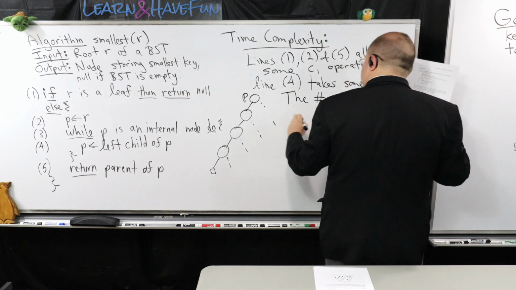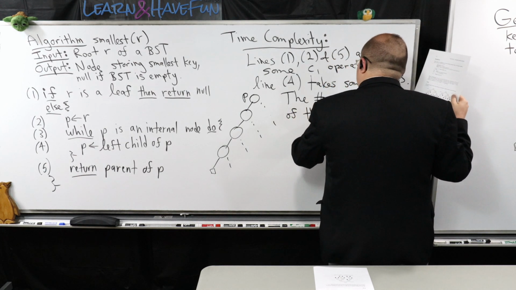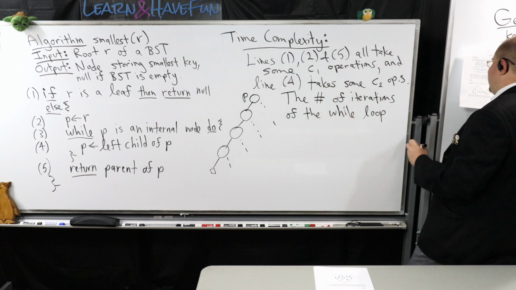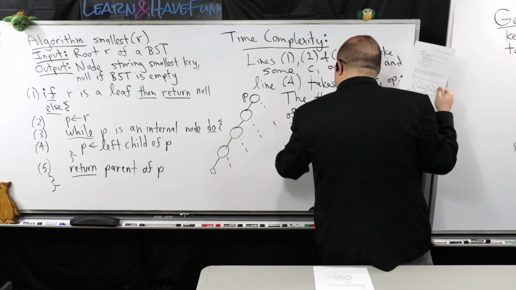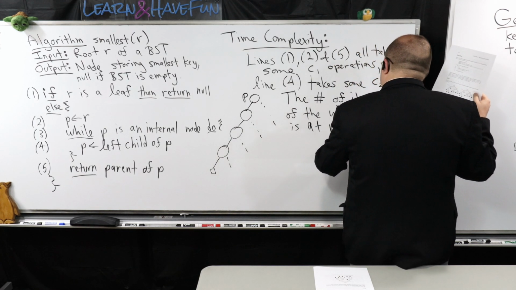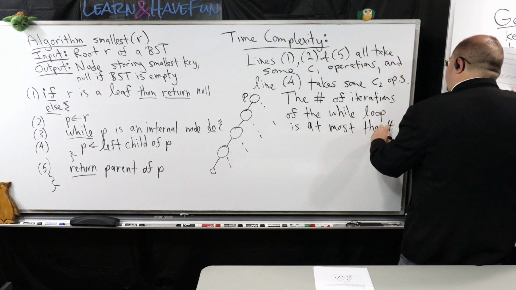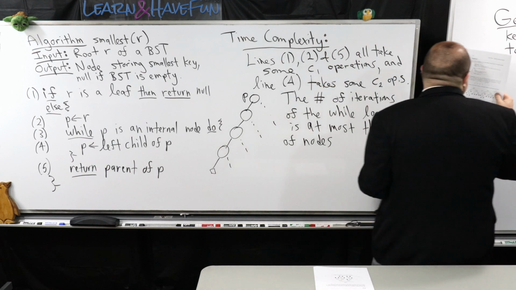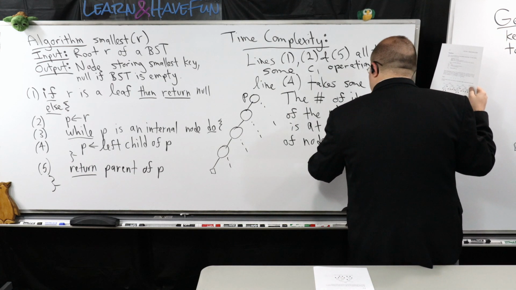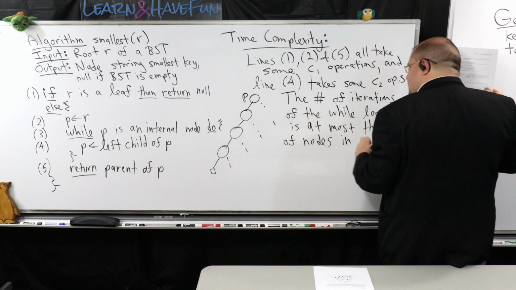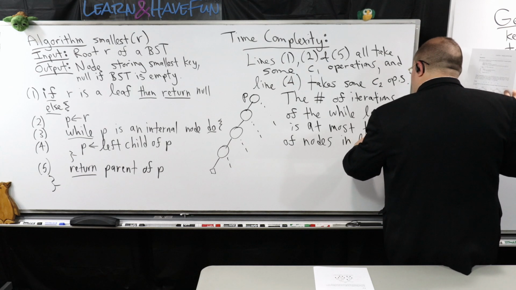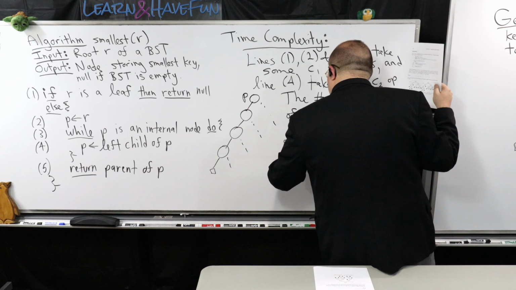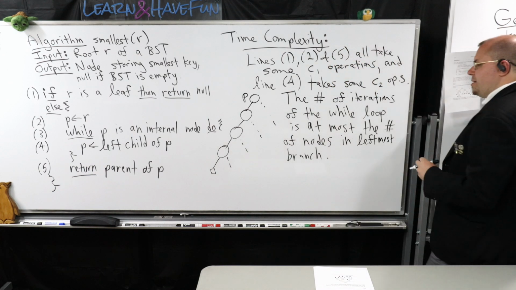The number of iterations of the while loop is at most the number of nodes in the leftmost branch. So I'm just going to count up how many are there here. Right?